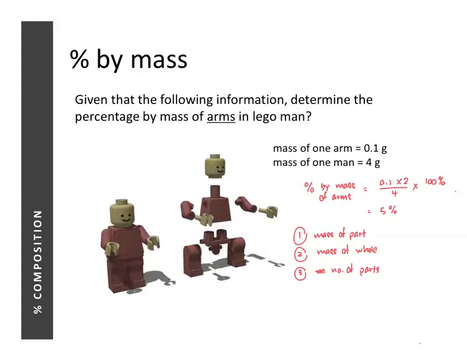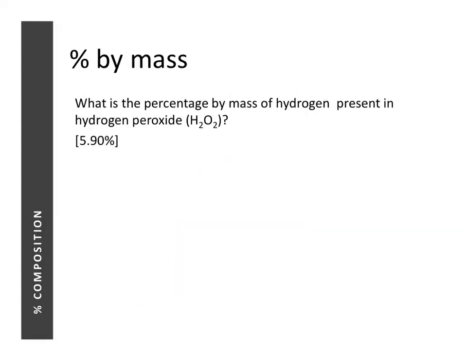Alright, to find the percentage by mass of a part, we need to know 3 things. We need to know the mass of the part, we need to know the mass of the whole, and we need to know the number of the parts. Now in this chemistry example, we are going to find out the percentage by mass of hydrogen present in hydrogen peroxide.